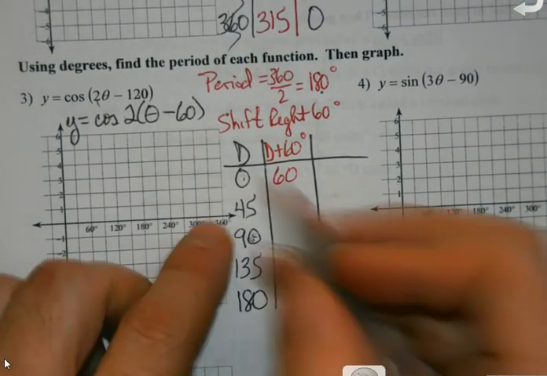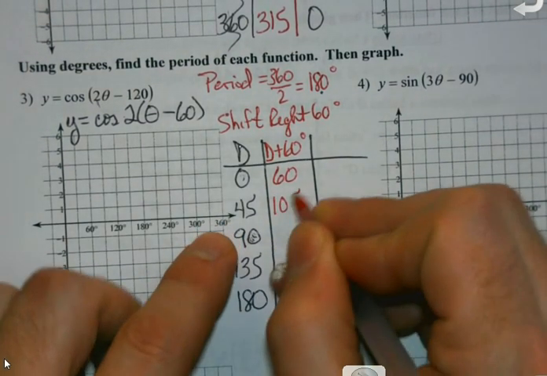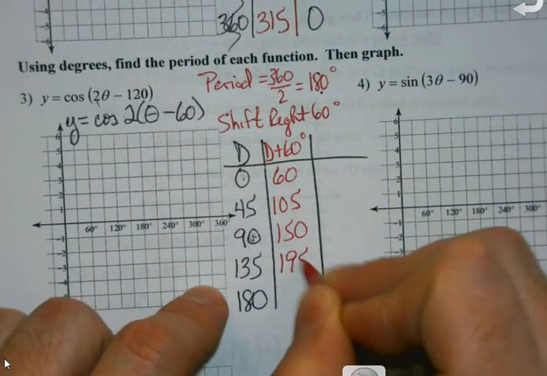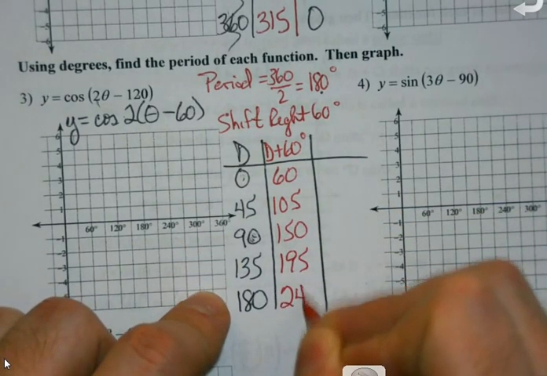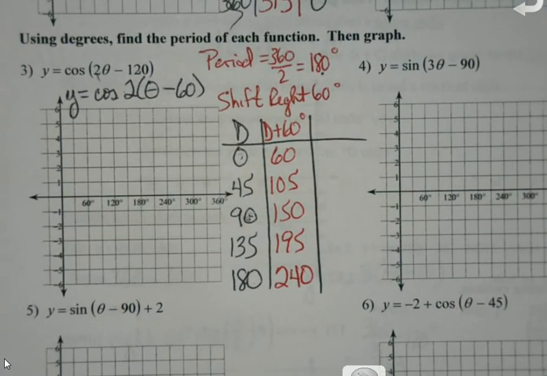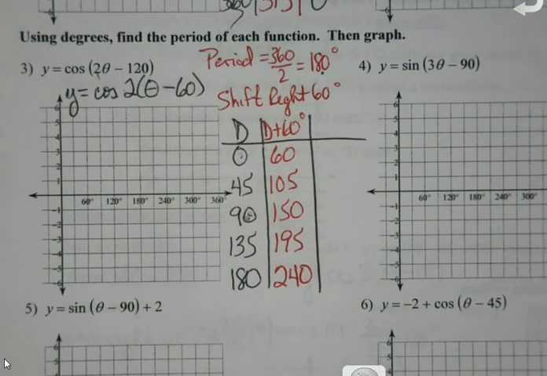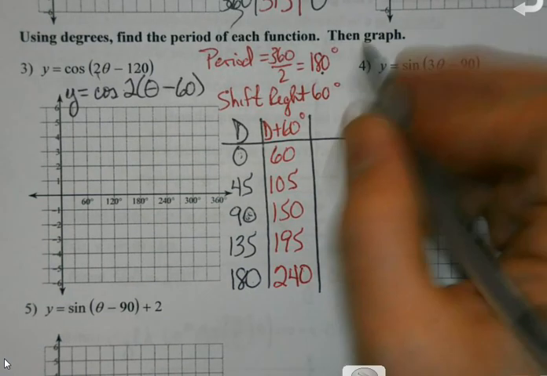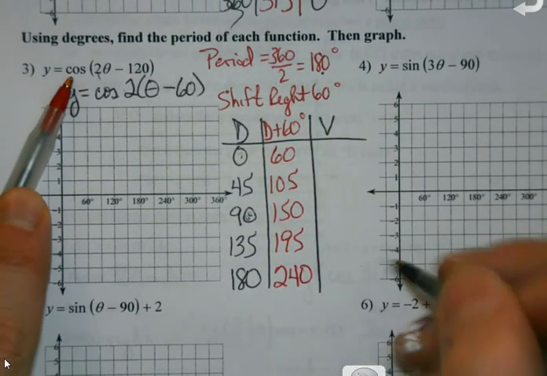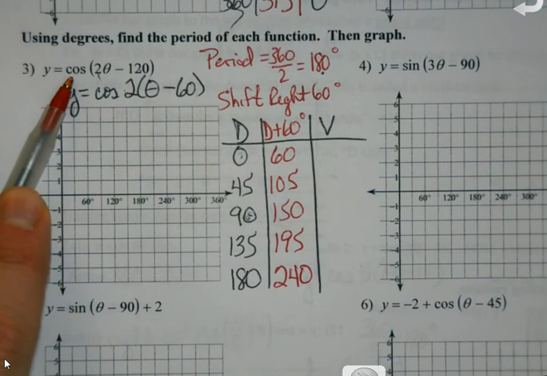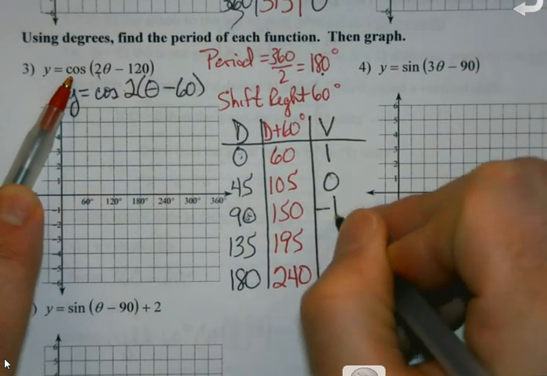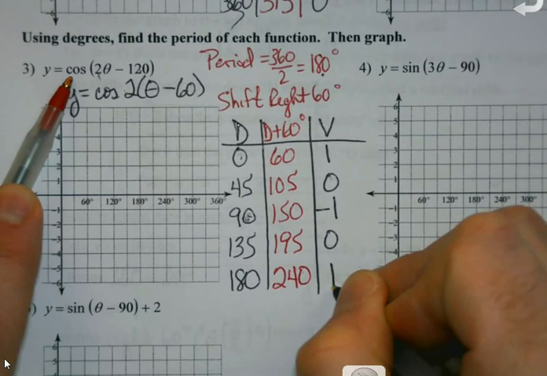So then now once I have those, I'm just going to add 60 to each of them. Those will be the angle measures that I'm using. But since I didn't have a change in my amplitude, my values won't change from a typical cosine value. 1, 0, -1, 0, 1.